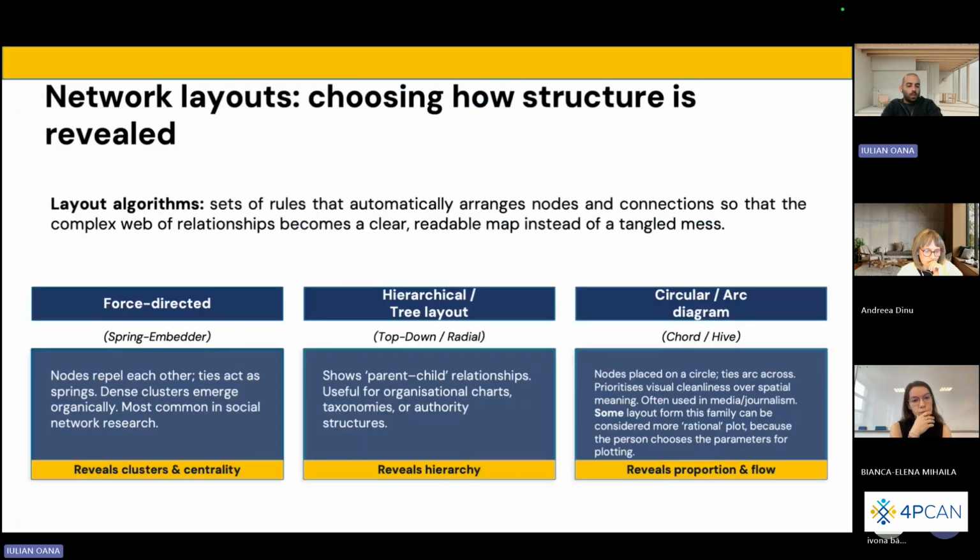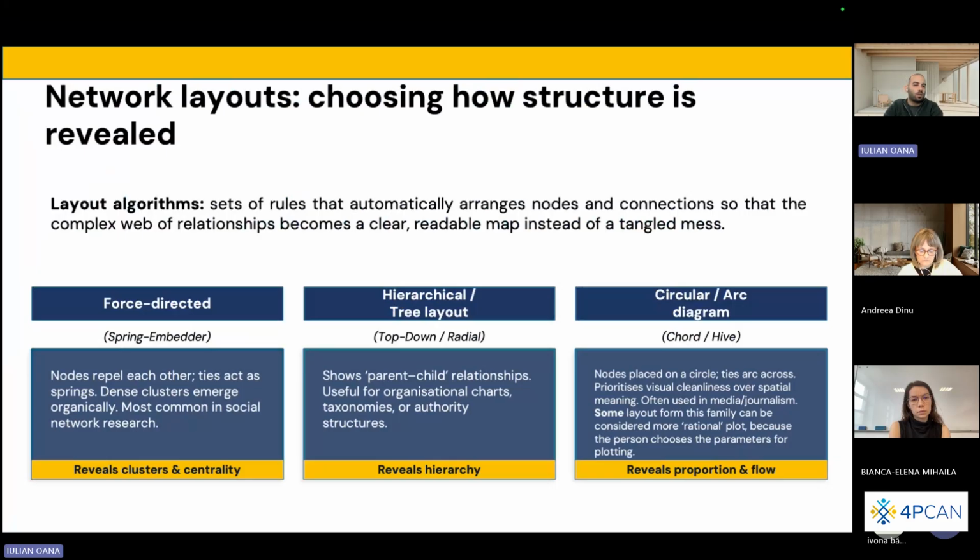Now, another thing which is very important when it comes to network visualizations is the layout. What network layouts do is choose how the structure is revealed, and there are various layout algorithms.